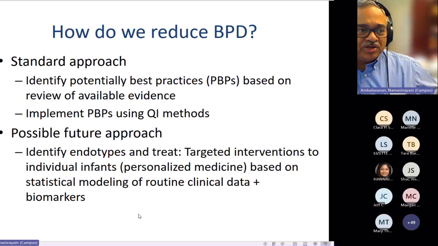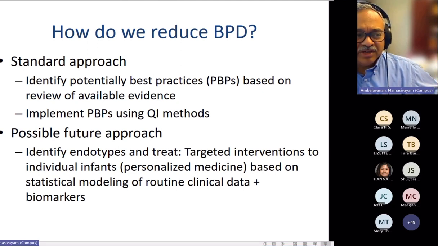So how do we go about reducing BPD? So far, what we have tried to do is the standard approach where we do the QI method, which is identifying the potentially better practices or best practices based on the review of the available evidence. And then you try to implement these PBPs using QI methods. So you try to implement the best practice and hope that your outcomes are better.